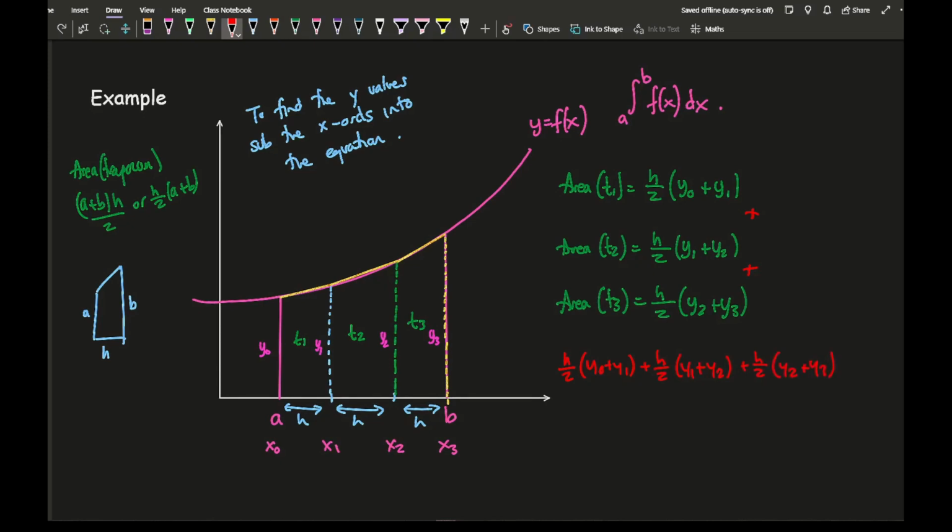Now, if I do a bit of factorising, I've got common factors of h over 2. Then I've got y0 plus two lots of y1, two lots of y2, and then just a single y3. And that therefore would give me the area under that curve between the limits of A and B.